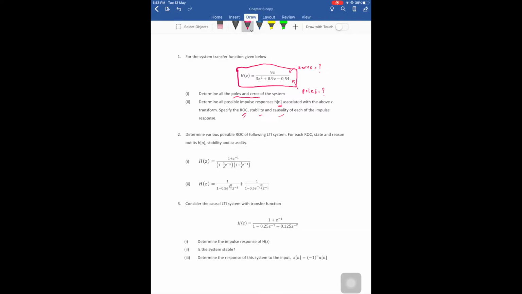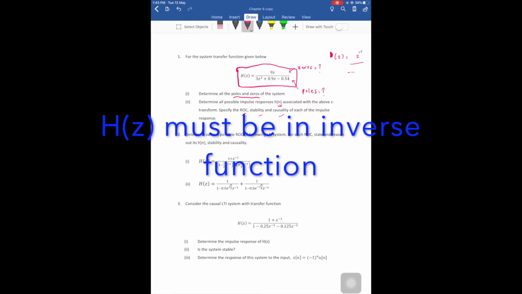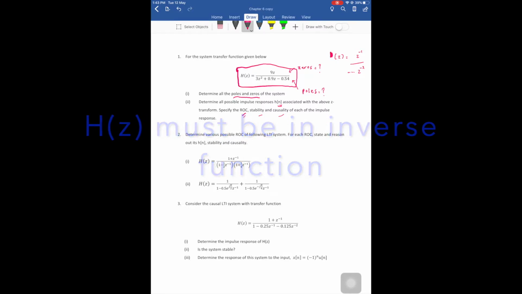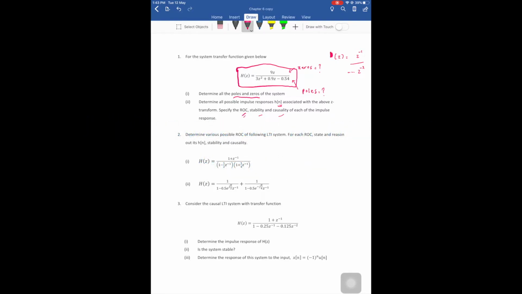Instead of it being in z, you have to make sure that the transfer function is in H(z) equal to (z minus 1) over (blah blah blah z minus 2) form. For you to do that, it involves mathematical expression, so you need to really master your maths before you want to answer this one.